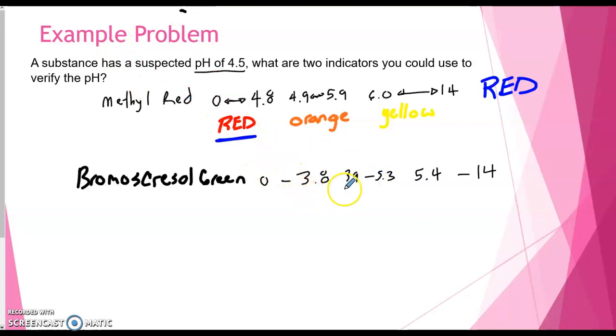So first one, we've got yellow, and then this side, we're going to have blue. And in the middle, if you combine yellow and blue, it's going to be green.